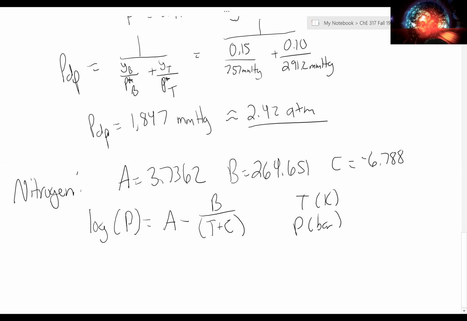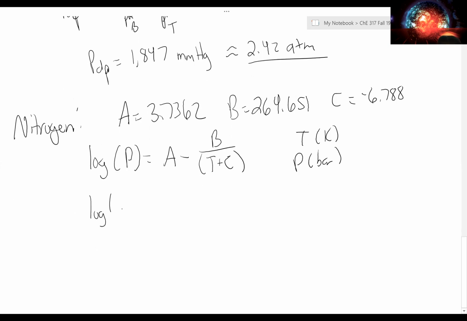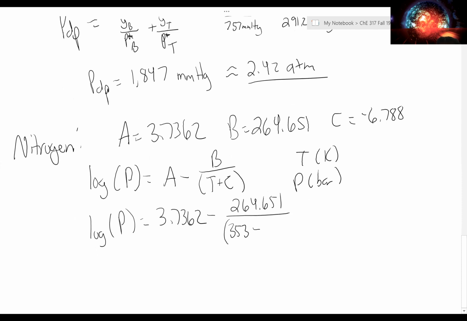So 80 degrees Celsius is how many Kelvin? About 353. So log P is 3.7362 minus 264.651 over 353 minus 6.788. So let's try to do this and see if my assumption was valid.